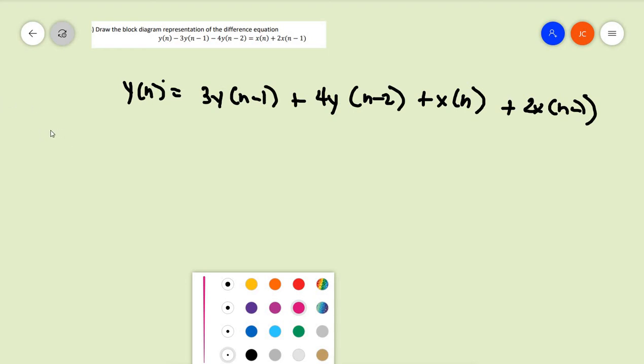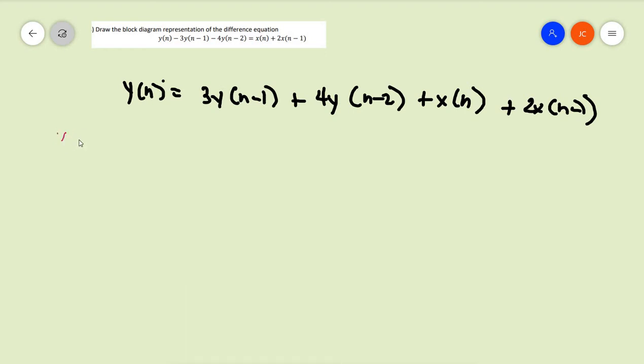First, the input is x of n, and the output would be y of n. So x of n is the input, and there's a plus here.